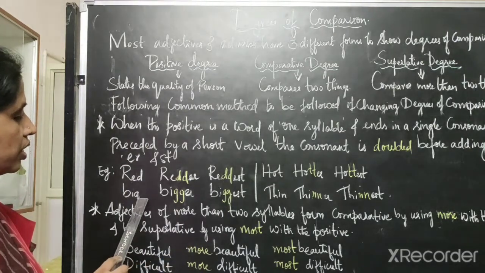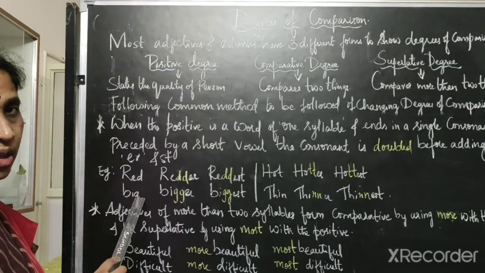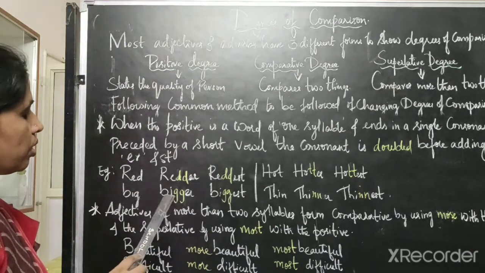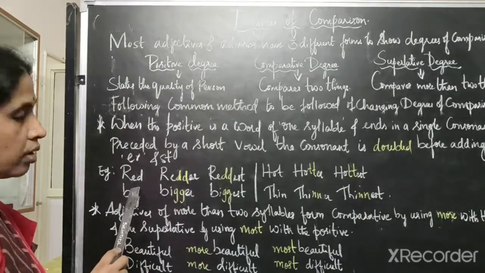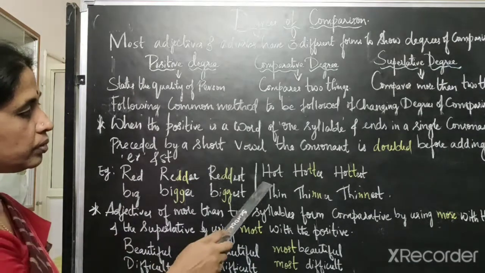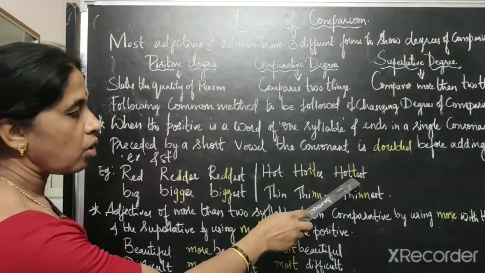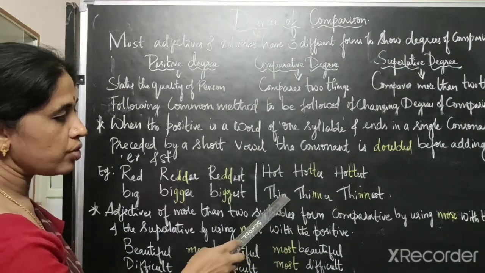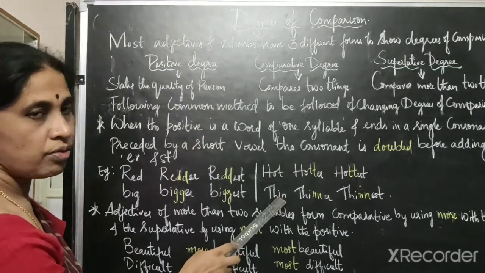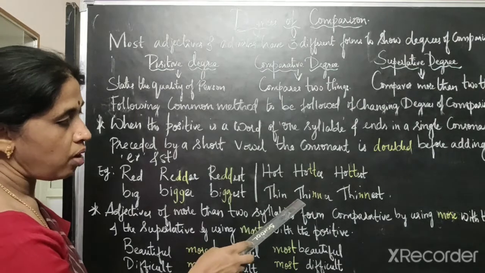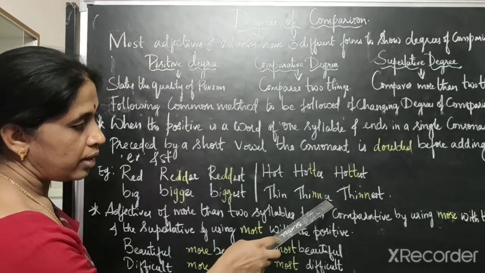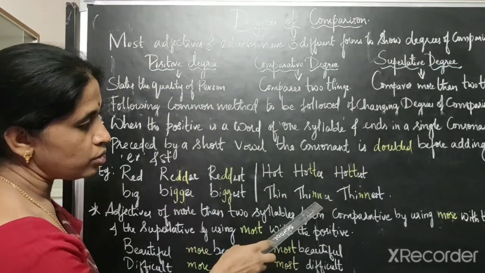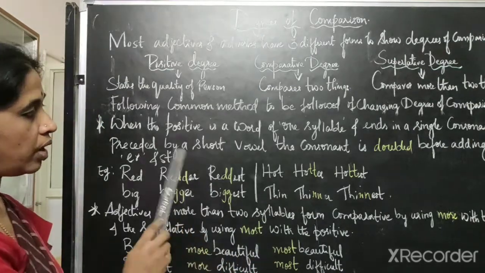This is a single consonant, and it is doubled. Why? Because you have a short vowel. Hot, hotter, hottest, thin, thinner, thinnest. So this is a consonant preceded by a short vowel, and to form a comparative, before adding ER, you should double the consonant. So this is one rule.